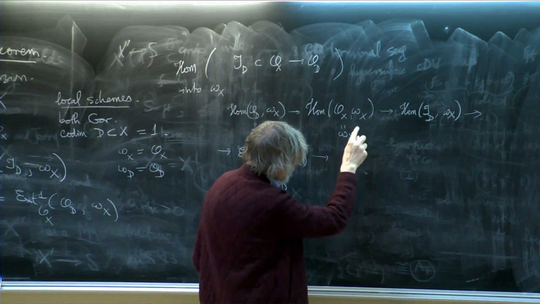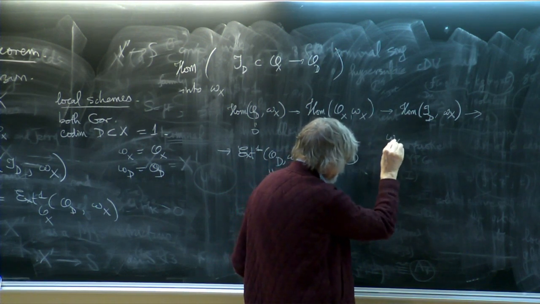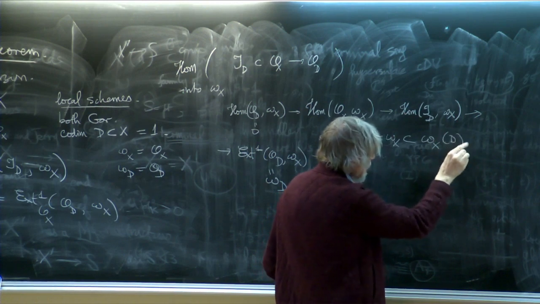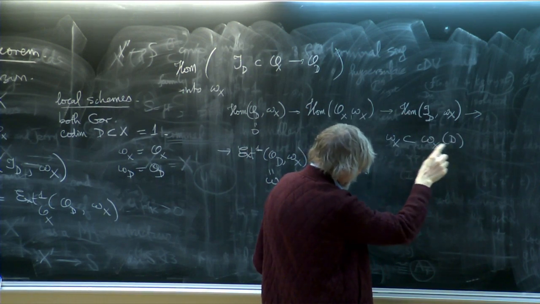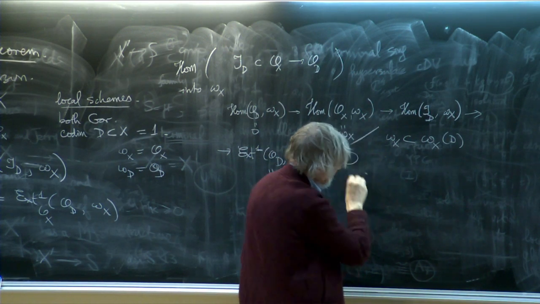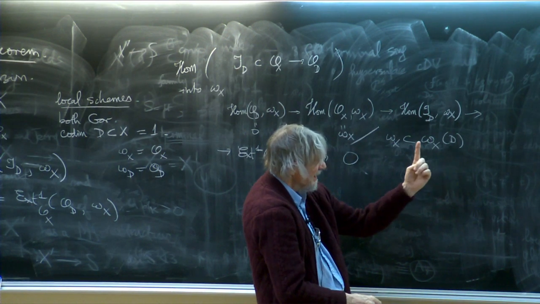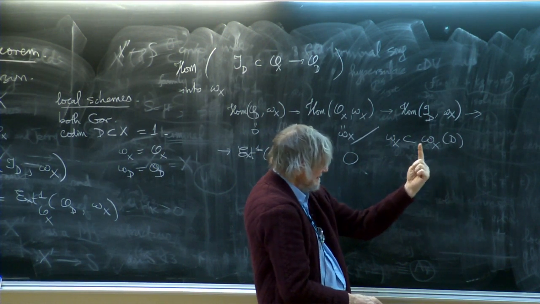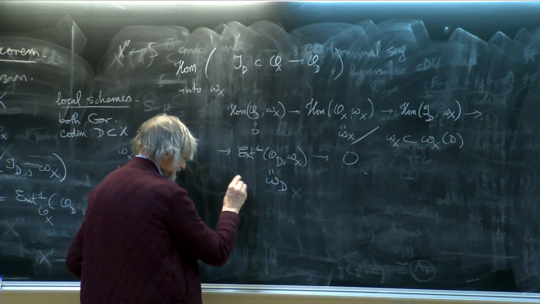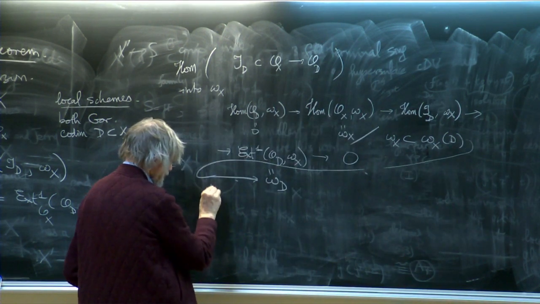Yes, and so I've got this isomorphism of omega X. I've got omega X is included in this thing, which I can write omega X of D. Right. So if these were divisorial, or even locally divisorial on some open set, then this would be a divisorial sheaf. I would talk about something which is sections of the dualizing sheaf with poles on D. And then I'm taking that and I'm mapping this to omega D. So this map is called Poincaré residue.